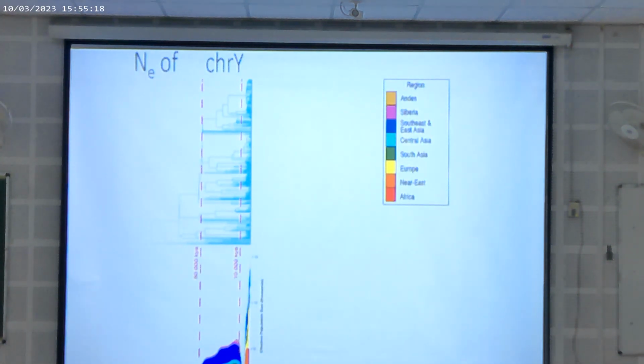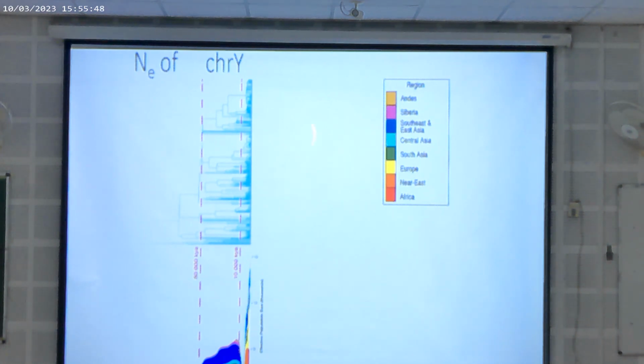And what we could do is take those Y chromosome sequences and analyze the effective population size. It was also shown here before, it is called the Bayesian skyline plot, where time goes horizontally and the effective population size is on the vertical axis.